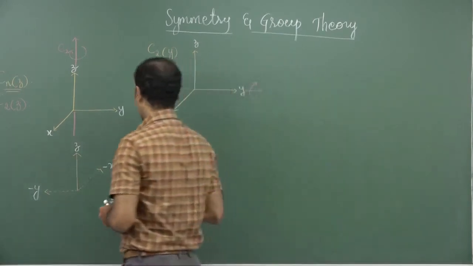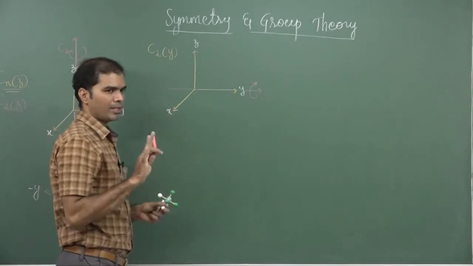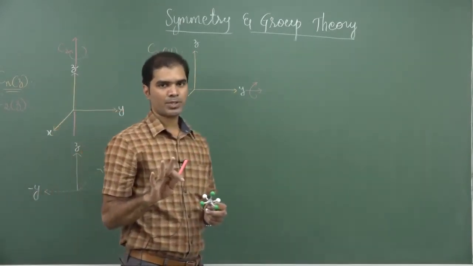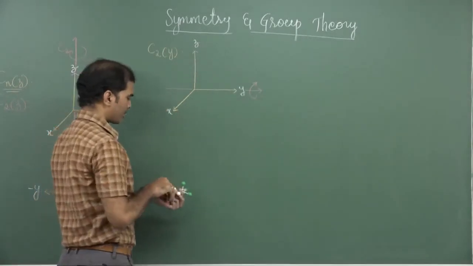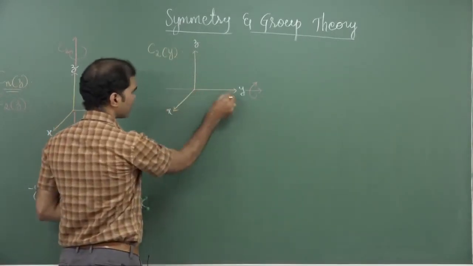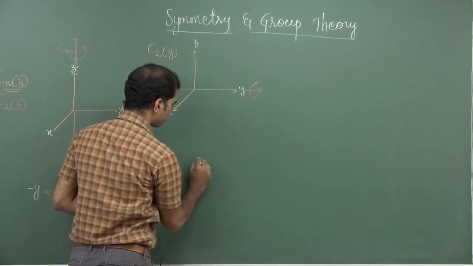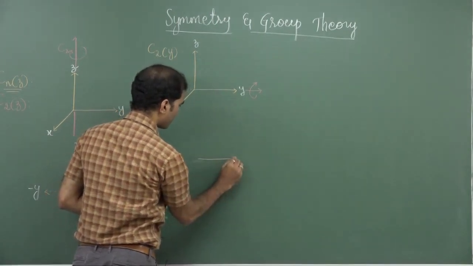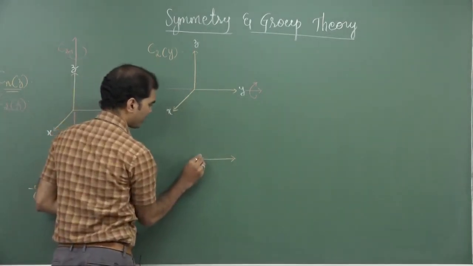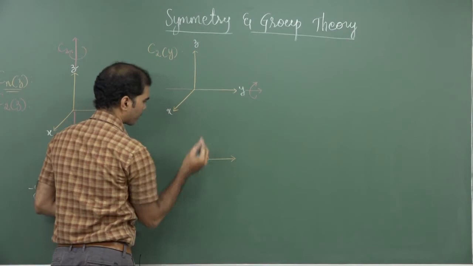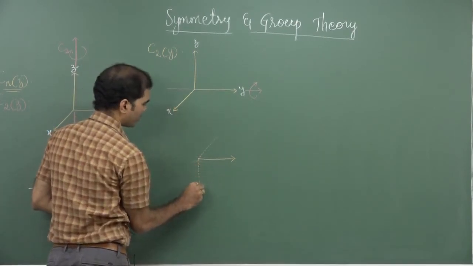So again we can make a conclusion: from whichever coordinate the rotational axis passes, that coordinate does not exchange with its opposite phase, whereas the remaining coordinates will exchange. So first Y is intact, so let us keep Y intact. Y is not exchanging with its opposite phase. X is moving into its opposite phase and Z is also moving into the opposite phase.